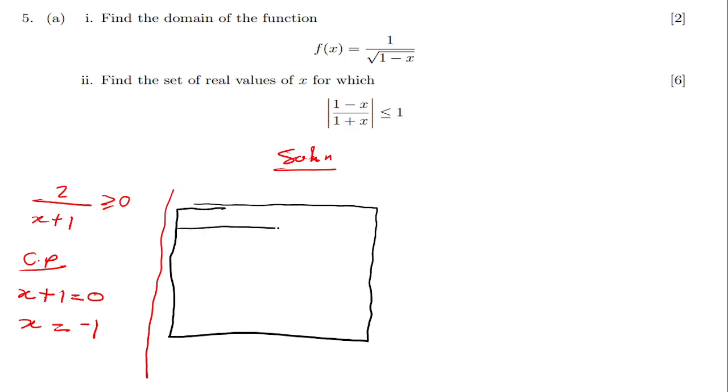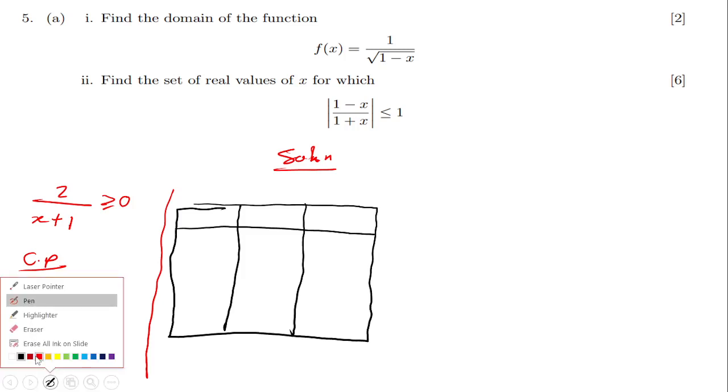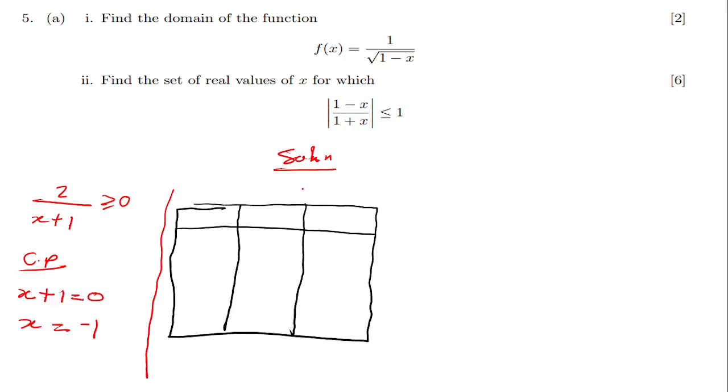So this is what you're going to do. You're going to write like that, then you're going to demarcate there. Once you demarcate, you're going to utilize your only critical point, which is negative 1. Then here it will be 2, there it will be x plus 1.